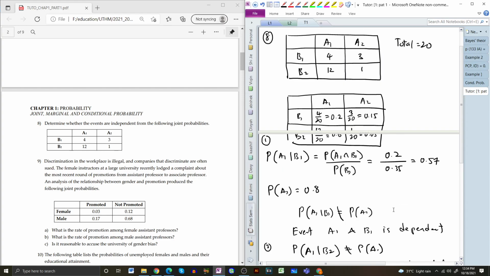Yeah, all the combinations, unless they ask for a specific one. If they ask whether A1 and B1 is independent, then you do A1 and B1 only. Normally in the test or final, I will put a specific event. I won't do it like this. This is just for your practice. Oh, okay. Thank you, Doctor.